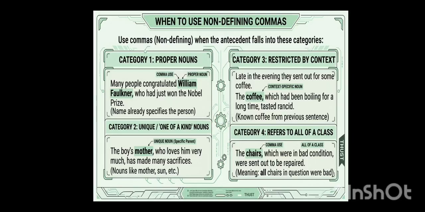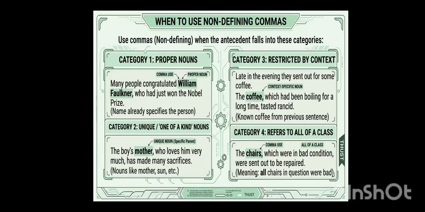If you are ever confused about whether a clause is non-defining and needs commas, check if the antecedent fits into one of these 4 categories. The first category is proper nouns, specific names of people or places, right? William Faulkner, for example, who had just won the Nobel Prize.